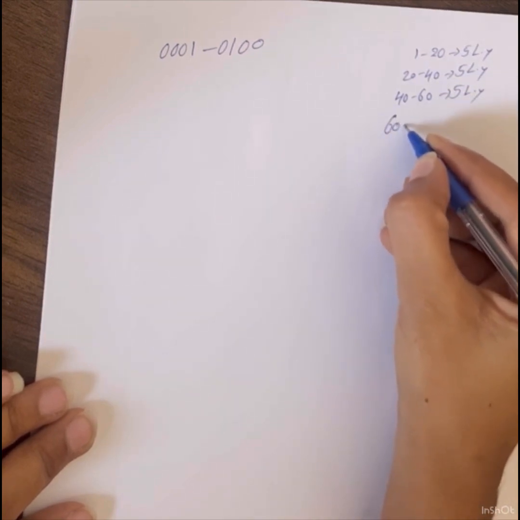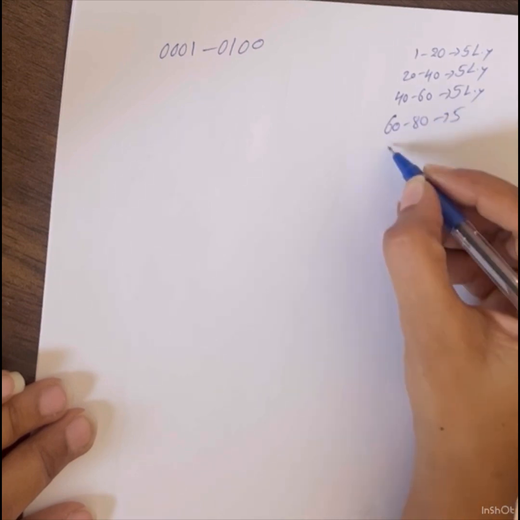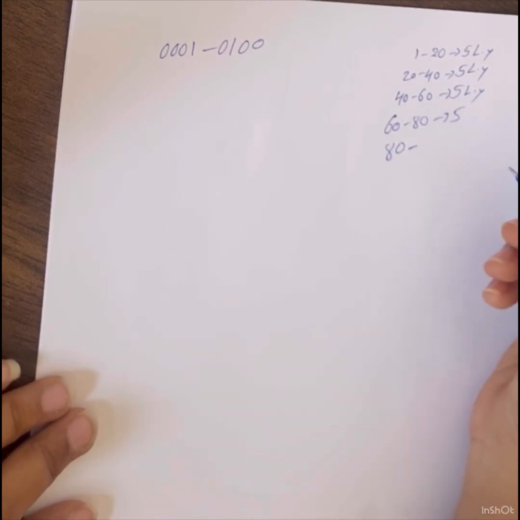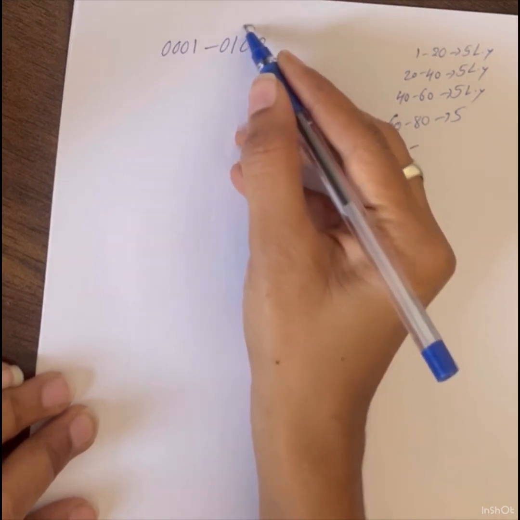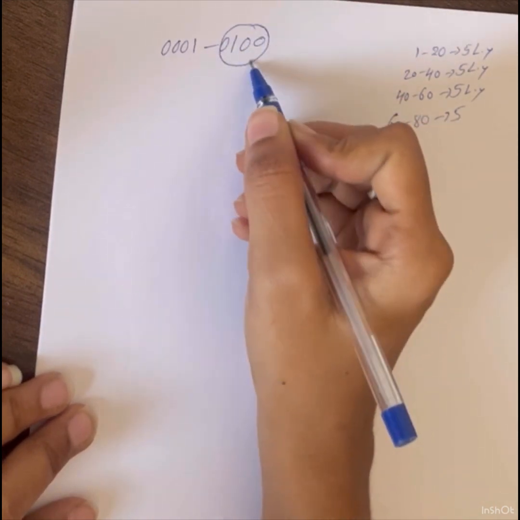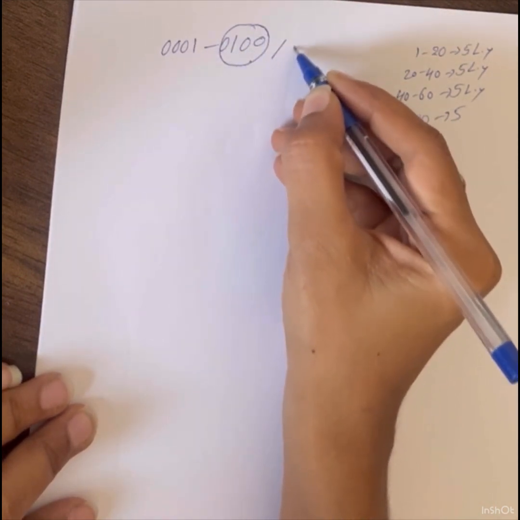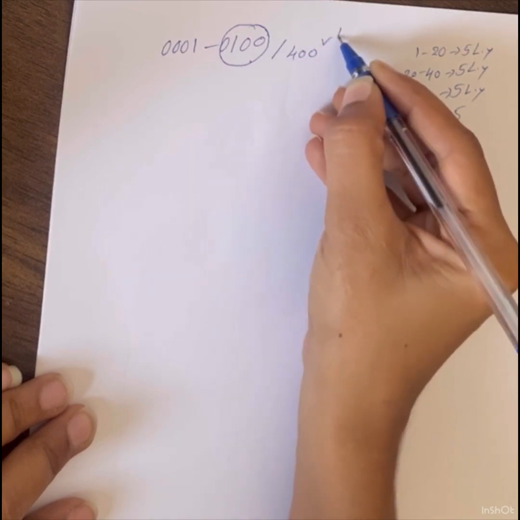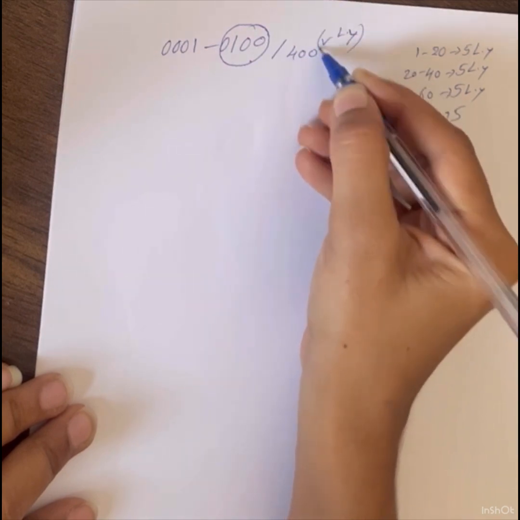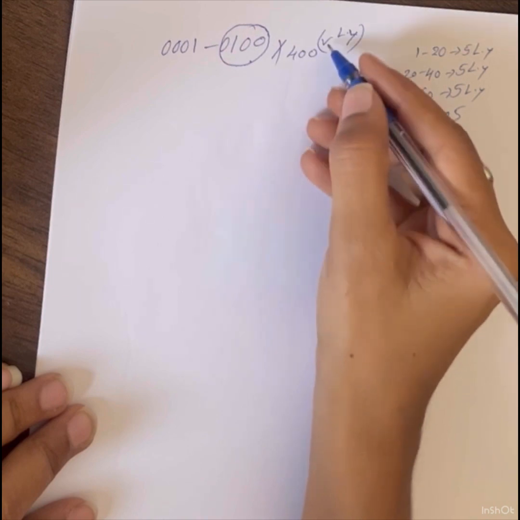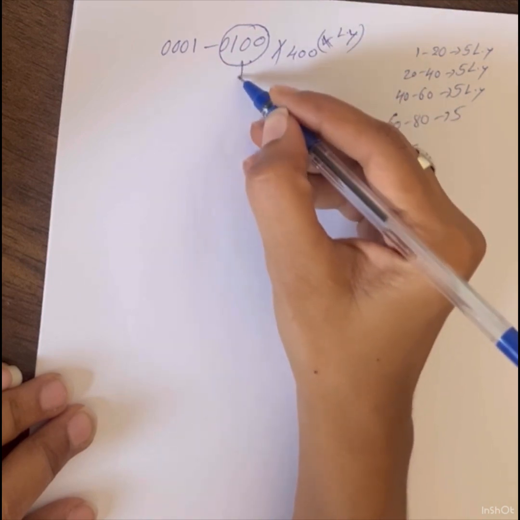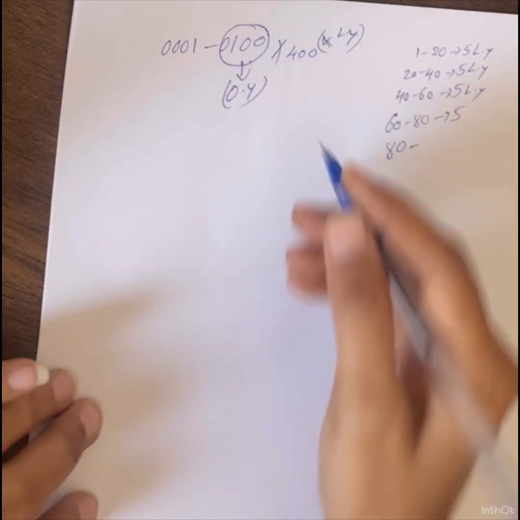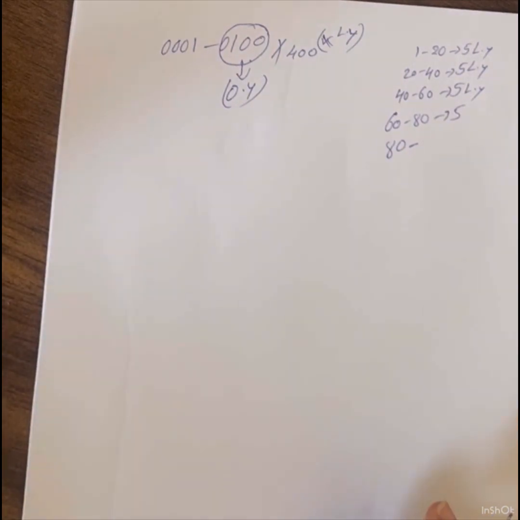Okay, 60 to 80 has 5, and 80 to 100 has 5, but 100 is not a leap year, because this is a century year. A century year is a leap year only if it is divisible by 400. But it is not divisible by 400, so it is an ordinary year. Consider 100 as an ordinary year.